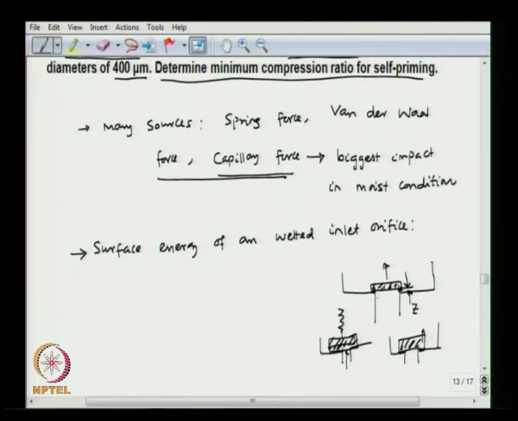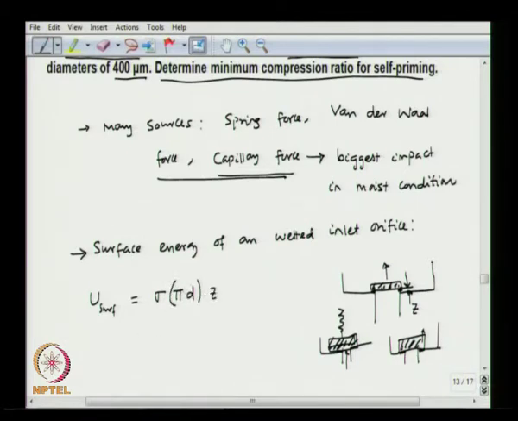But in this case, since we are dealing with liquids in microchannels, we would have these liquid interfaces, and the applied force has to overcome the liquid interfaces. So, first we calculate the surface energy of a wetted inlet orifice. So, U surface is going to be sigma into pi d into z.